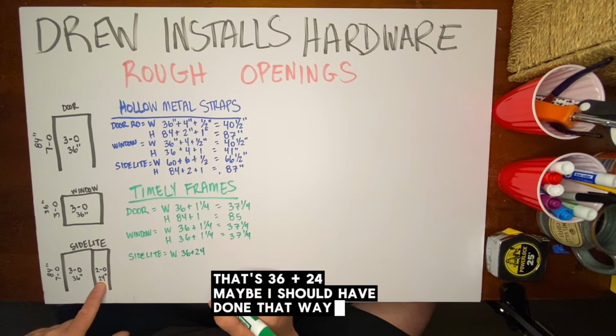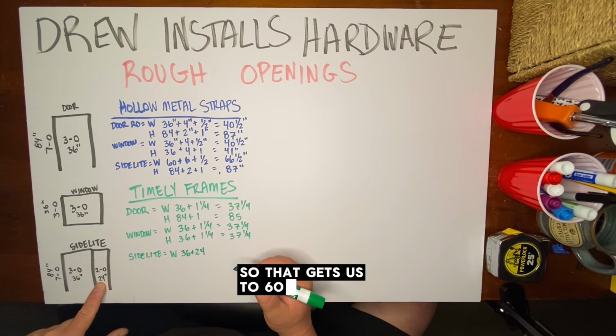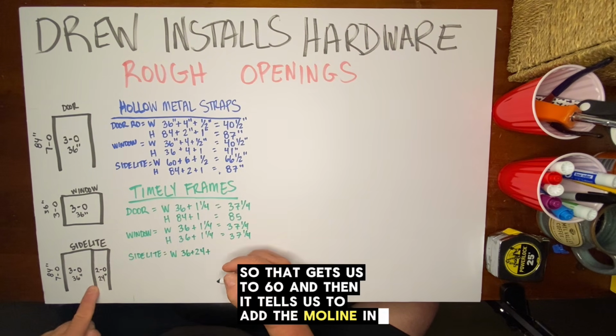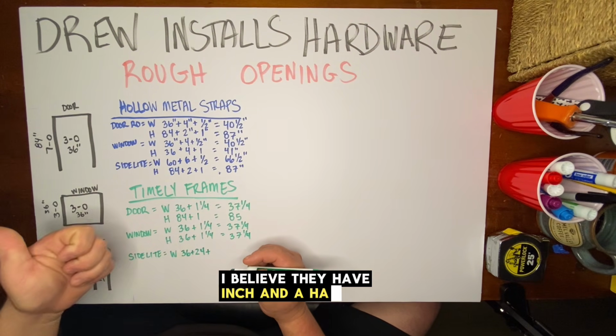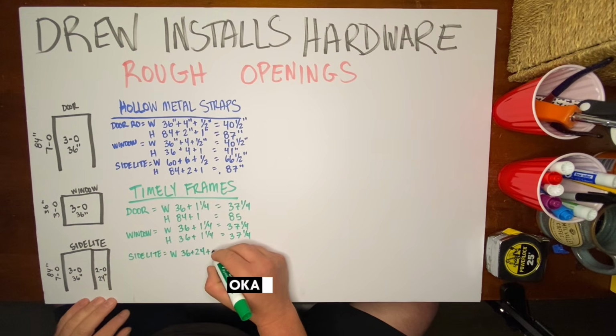Maybe I should have done it that way up there, but that equals 60, right? Then it tells us to add the mullion in. Whatever the width of that mullion is, I believe they have 1.5 and 2-inch mullions. We'll just say it's a 2-inch mullion, okay?